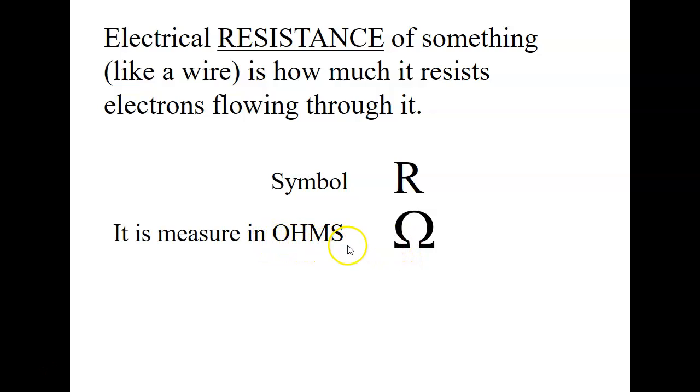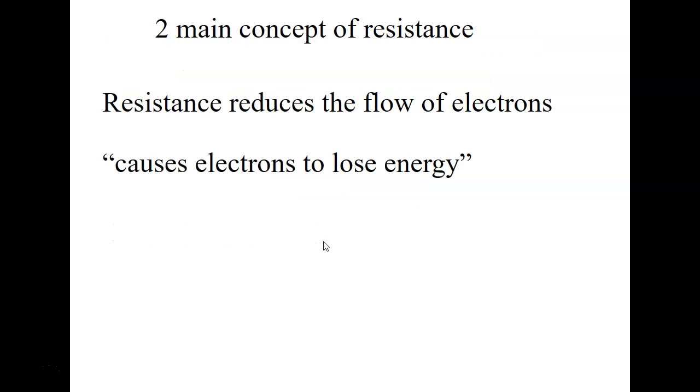It's measured in ohms, and the abbreviation for ohms is the Greek uppercase omega. So in the equation you'll see it as R, and next to a number you will typically see the ohm symbol, or it written out as ohms.